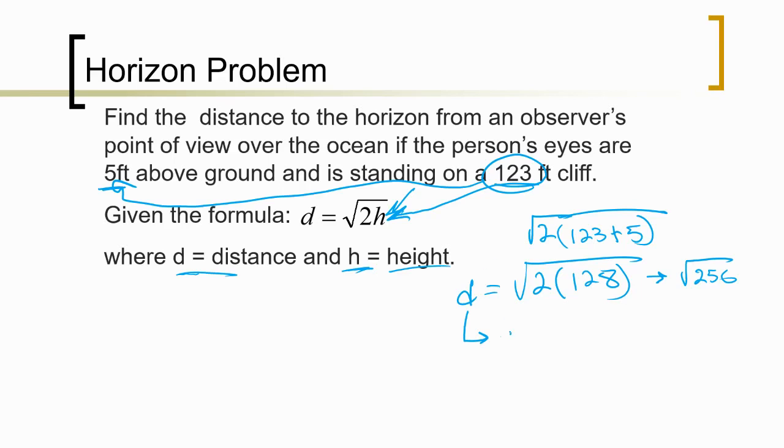So the result is 16, and I believe miles is what the formula is given as. So I think this was miles that I didn't type in here. So 16 miles to the horizon based on the input of my 123 plus my eye height, which is 5 feet above the ground. All right.